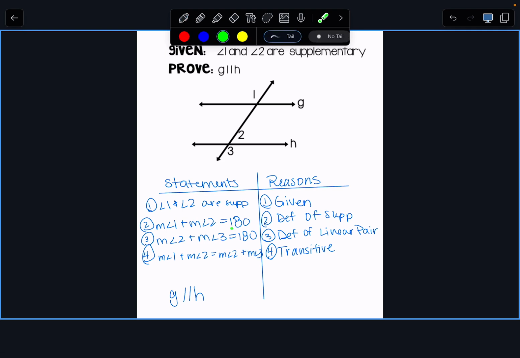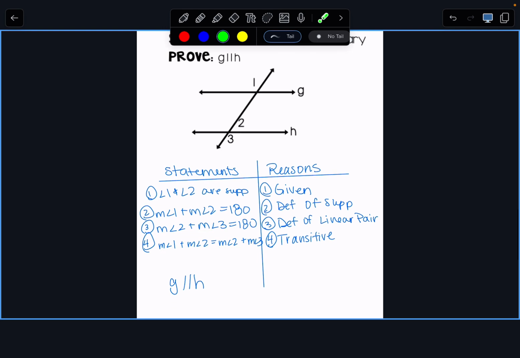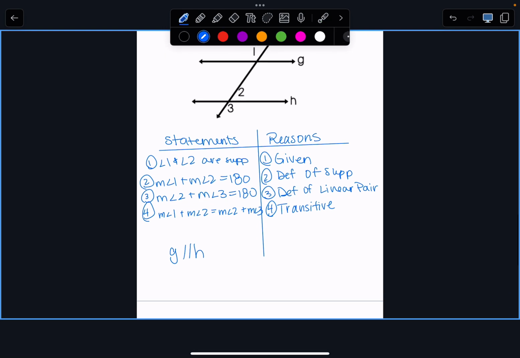Since these both equal 180, we've set these two pieces equal to each other. This is pretty great. What can we do? We can subtract.